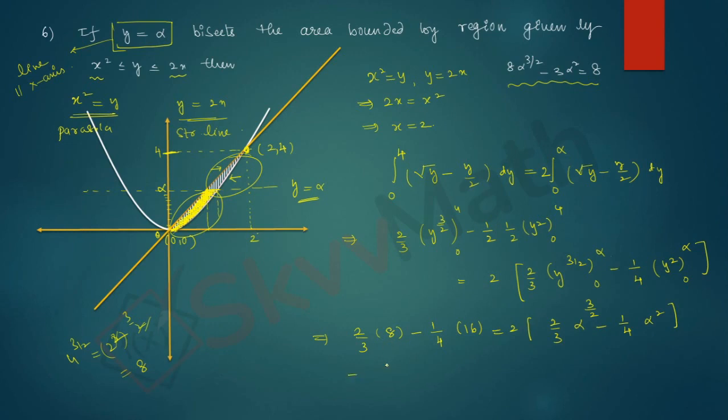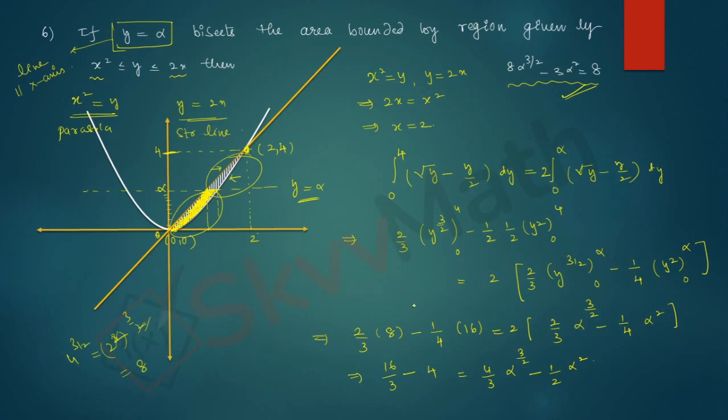So here 16 by 3 minus 4 is equal to 4 by 3 alpha to the power of 3 by 2 minus half alpha square. So you simplify this, and you will get this.